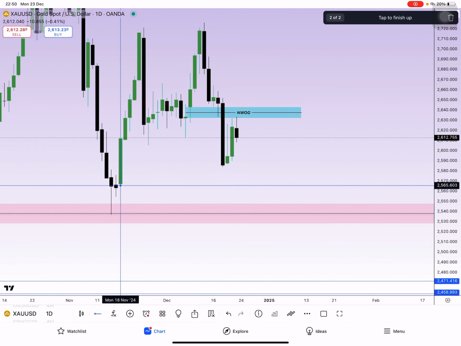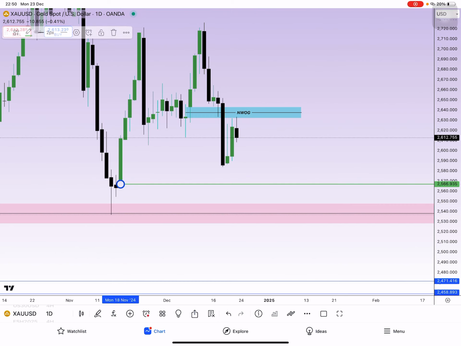This is gonna be your first target. I'll mark my yellow line. This is gonna be your first target, and this is gonna be our second target.